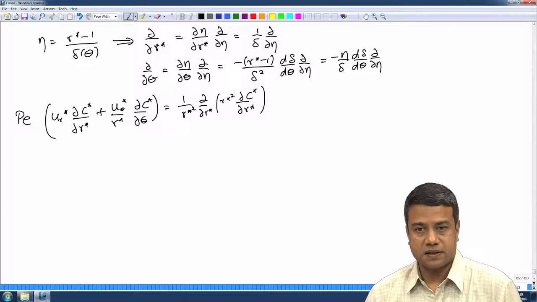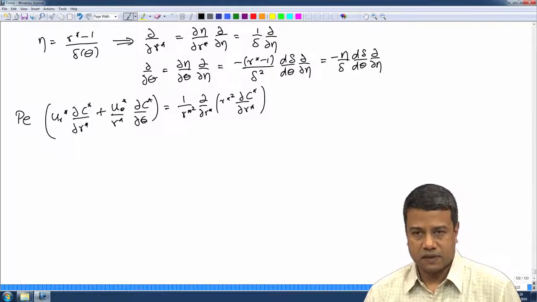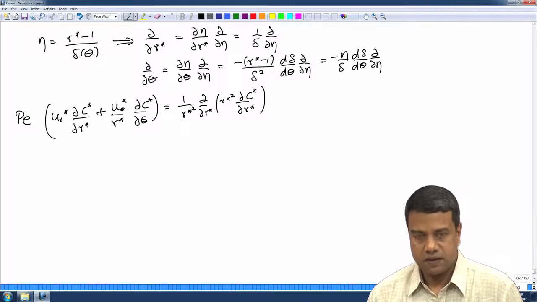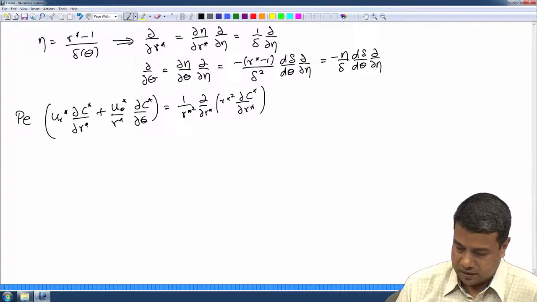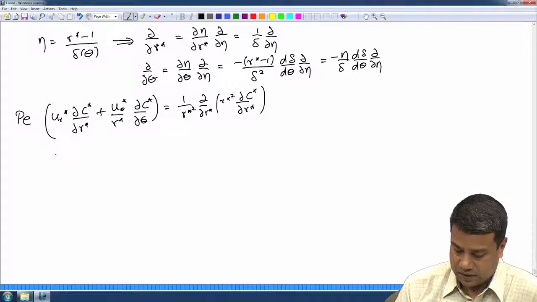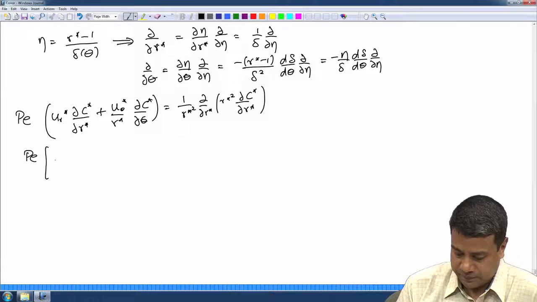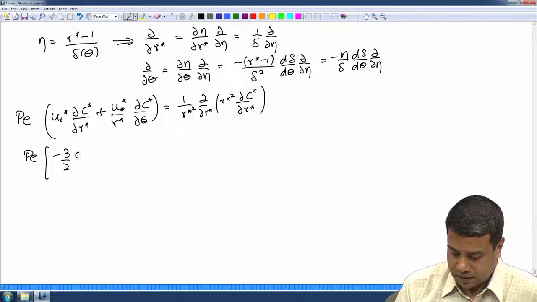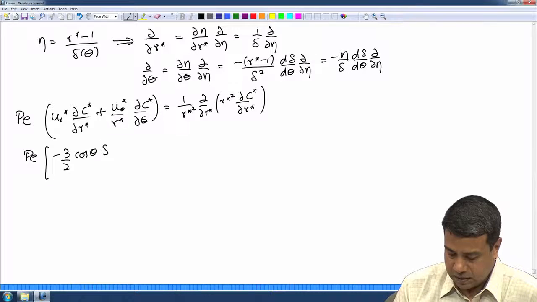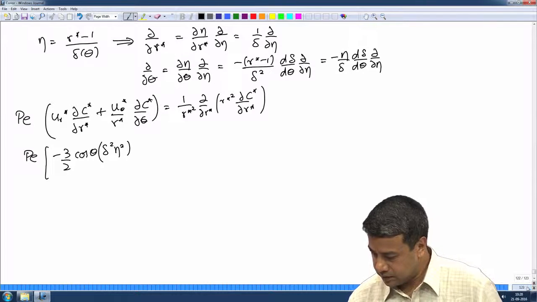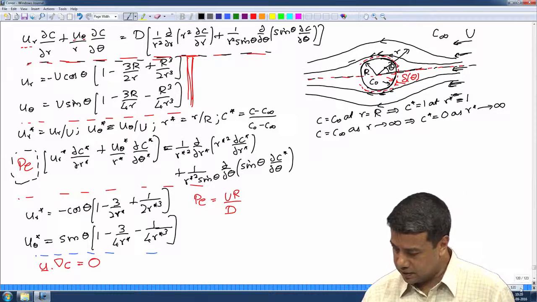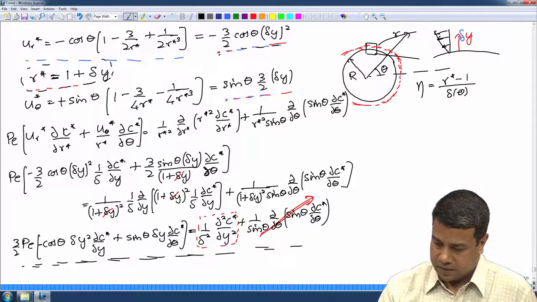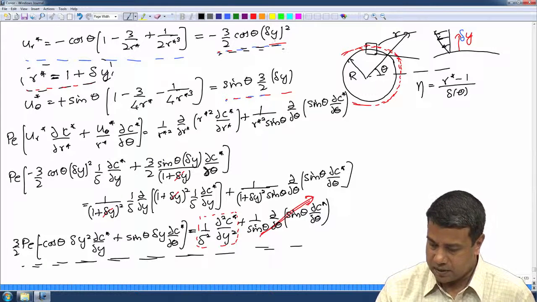Now, expressing this equation, the balance between convection and cross stream diffusion, in terms of the similarity variable, I am going to get u r, which, if you recall, was minus 3 by 2 cos theta into delta square eta square. If you go back to our original expansion, I had got minus 3 by 2 delta y the whole square.